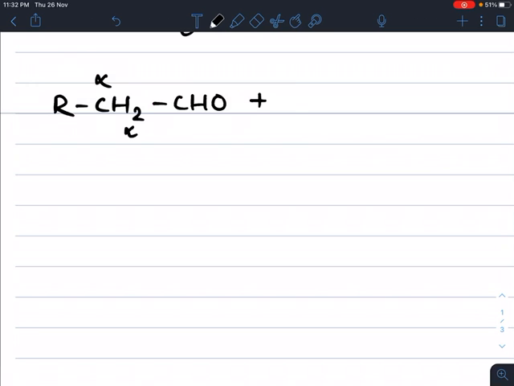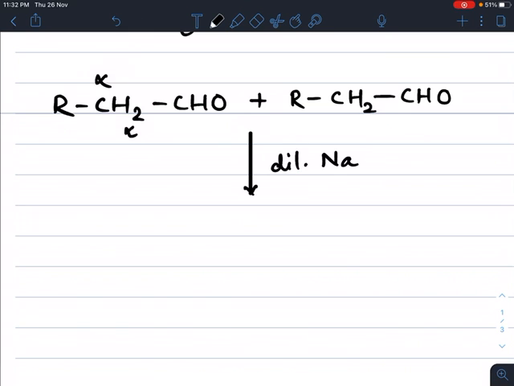When it combines with another alpha hydrogen containing aldehyde, this reaction takes place in the presence of dilute alkali like NaOH or dilute KOH, or in the presence of sodium carbonate.